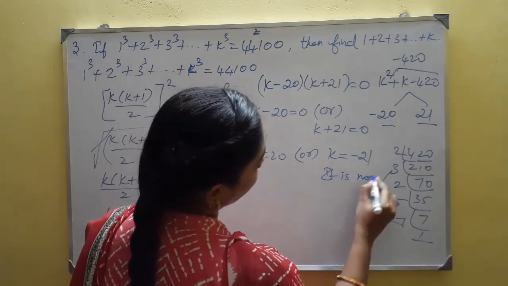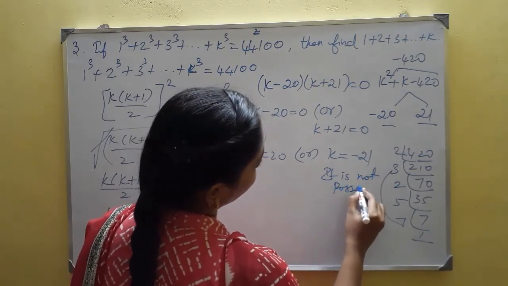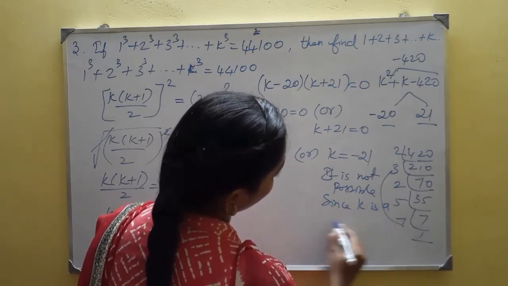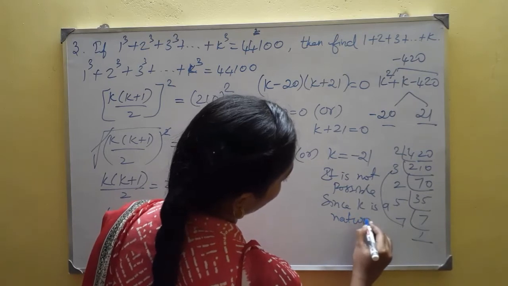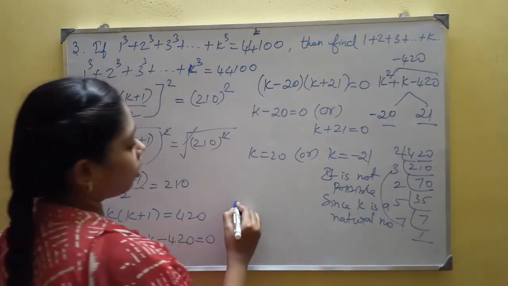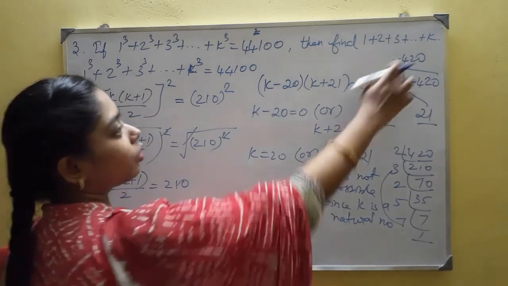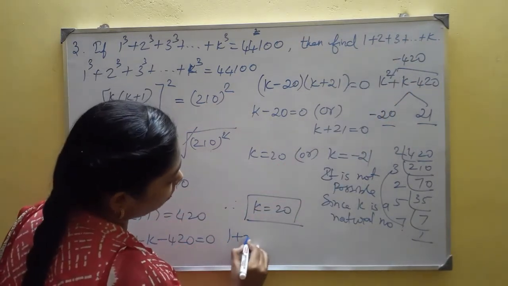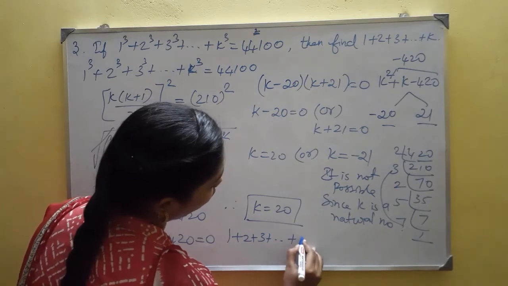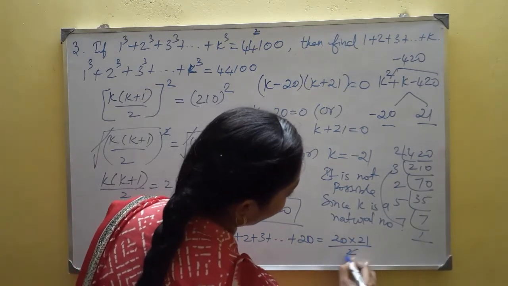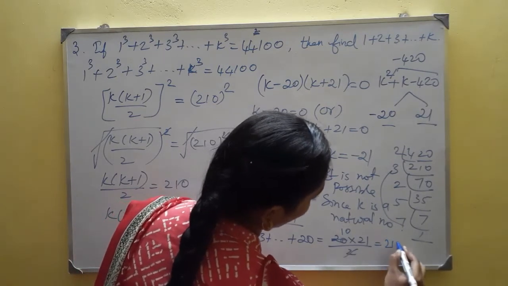This is not possible, since k is a natural number. So therefore k equal to 20. After finding the k value, you want to find this answer, no? 1 plus 2 plus 3 goes on up to 20. Sum of first 20 natural numbers. 20 into 21 by 2. And this is 10. Your answer is 210, right?